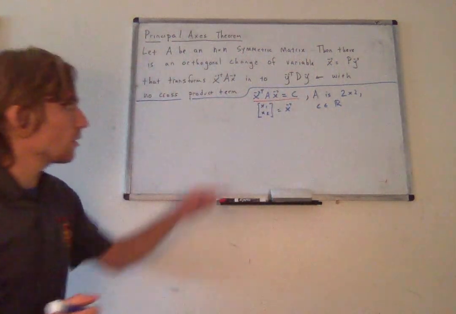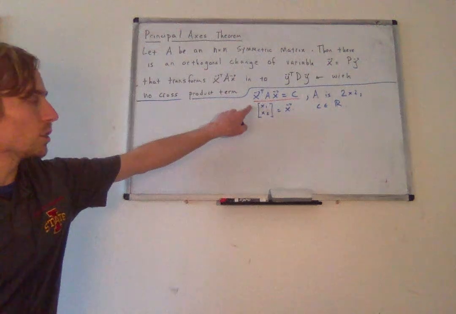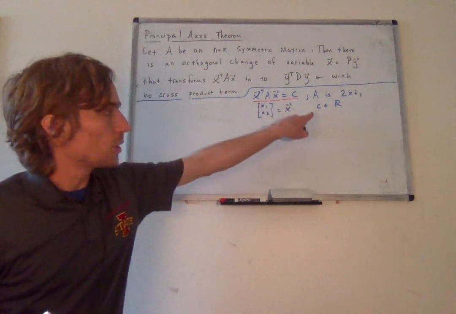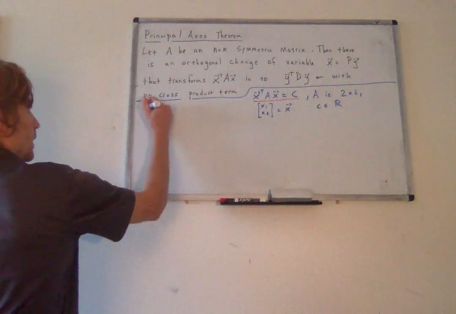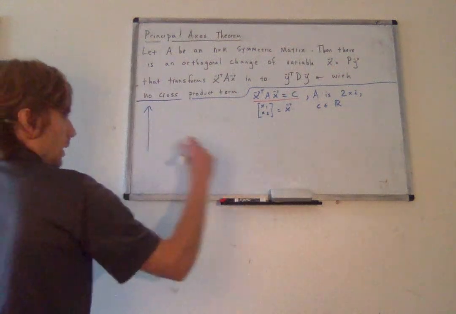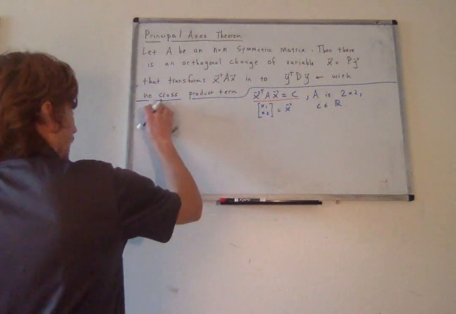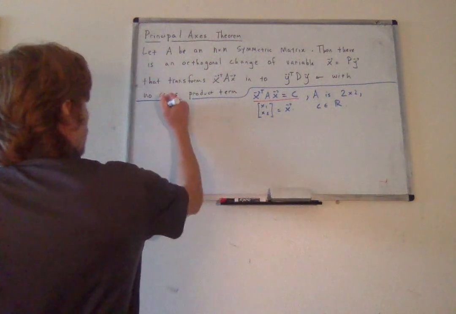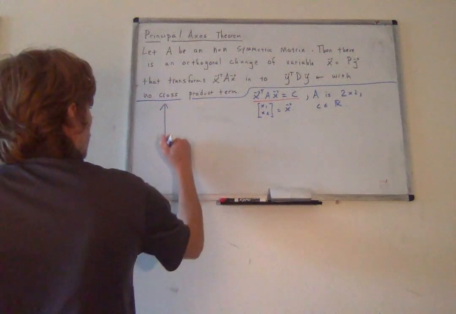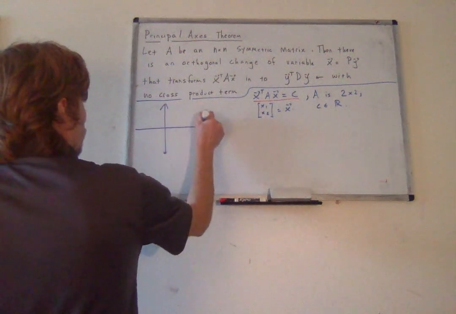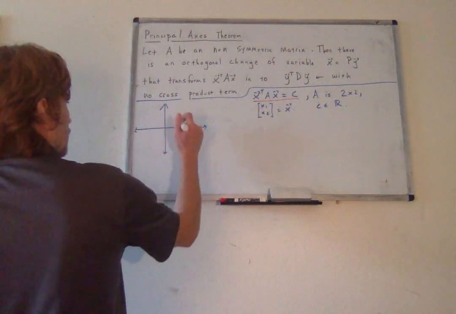It turns out that the set of solutions x1, x2, given a matrix and given a scalar C, not always, but quite often, actually corresponds to an ellipse or a hyperbola in the plane.